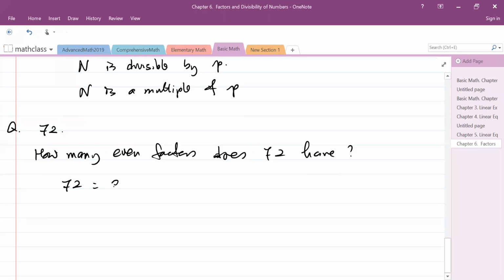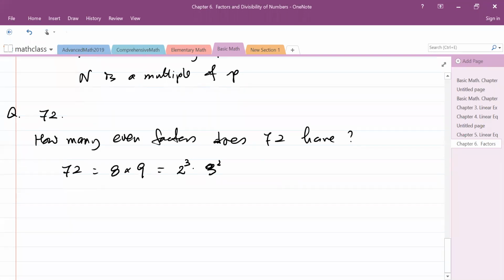You begin with 8 times 9. 8 is 2 cubed, 9 is 3 squared. So that's my hint.